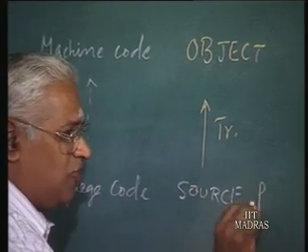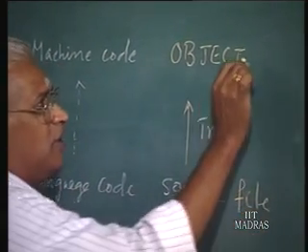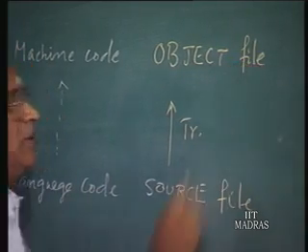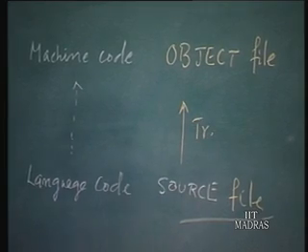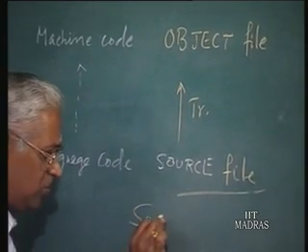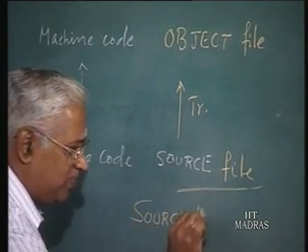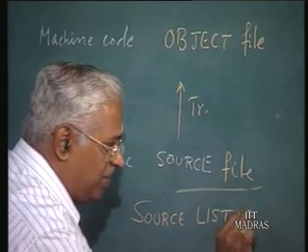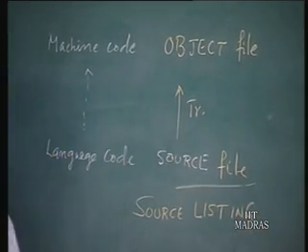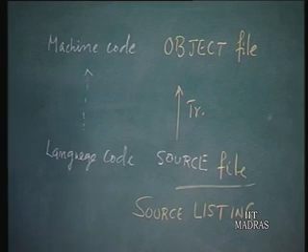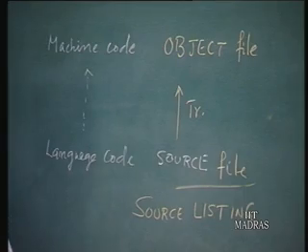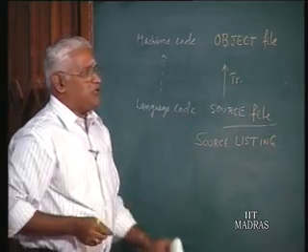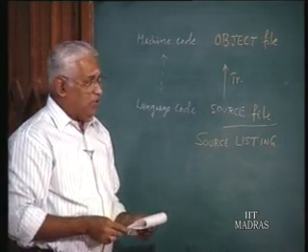So, we talk about something like a source file or an object file, and generally when you take a printout of the original program, that particular thing is usually called a source listing, which will keep giving information about how this whole program was written, what are the assumptions made by the programmer, etc., etc. Ultimately, at the machine level, it is just the object code. Good. So, later on we will talk about the source file and object file.